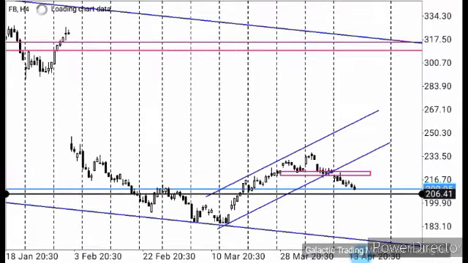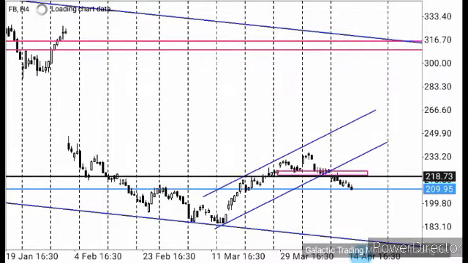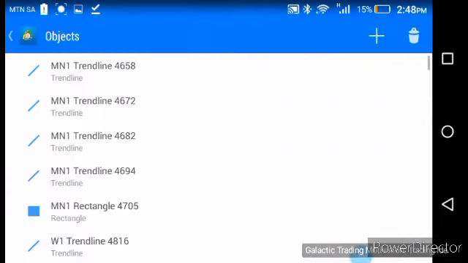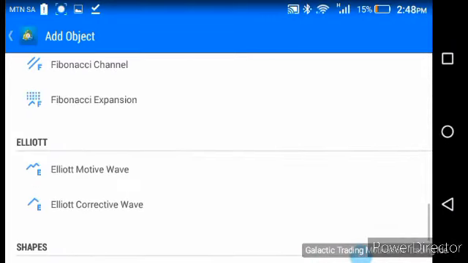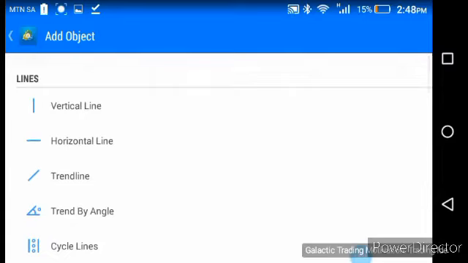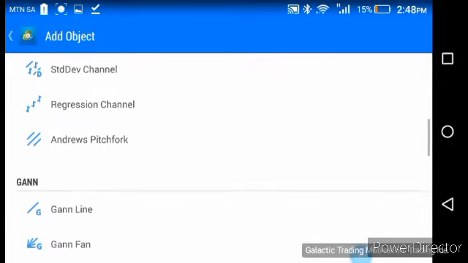Let me try that and see, because guys, like I always say, we're trying to find as many opportunities as possible, or as many reasons as possible as to why we are looking for a buy or a sell. That's confluence. There's my Fibonacci. Let's see.